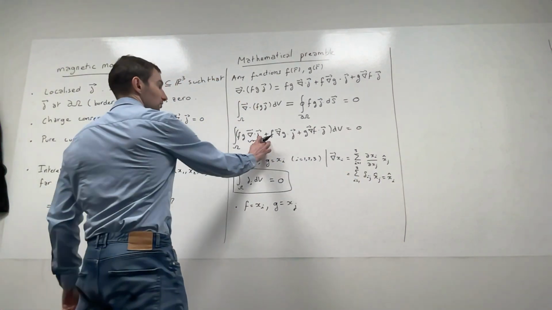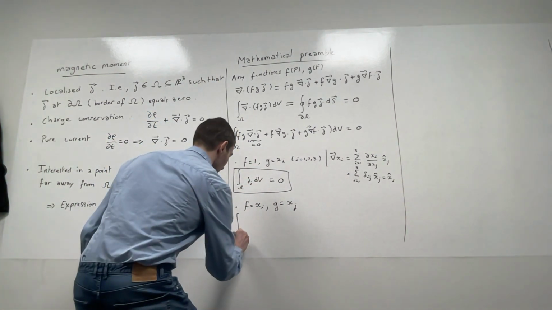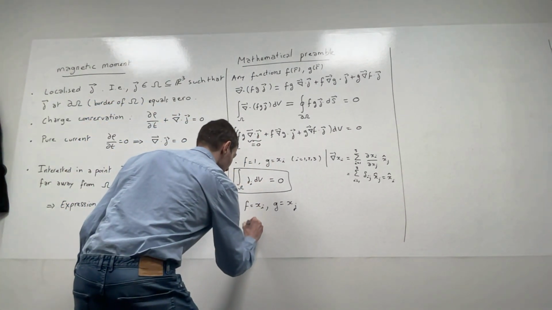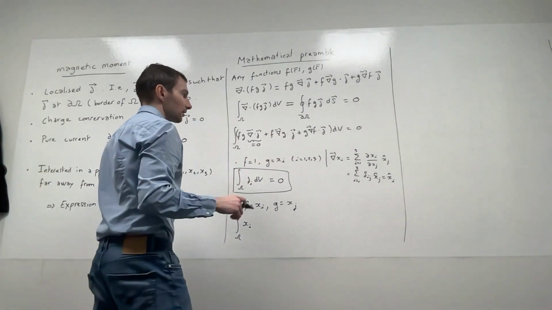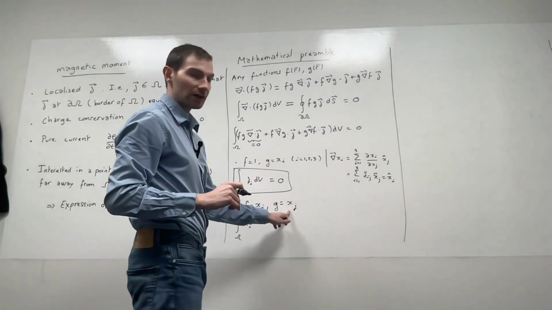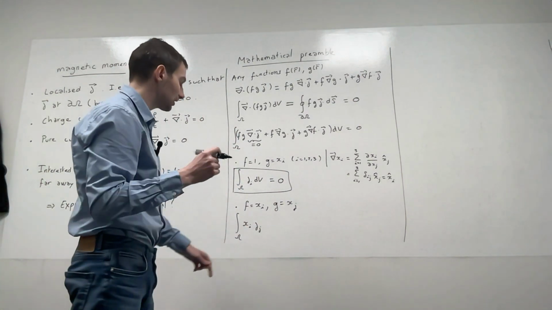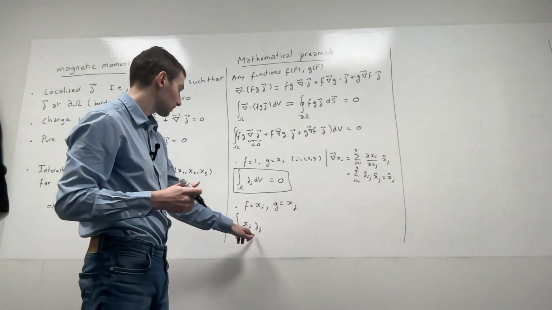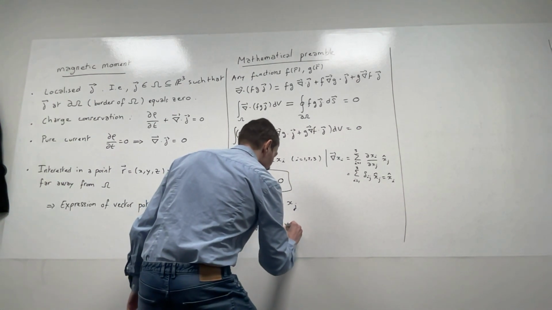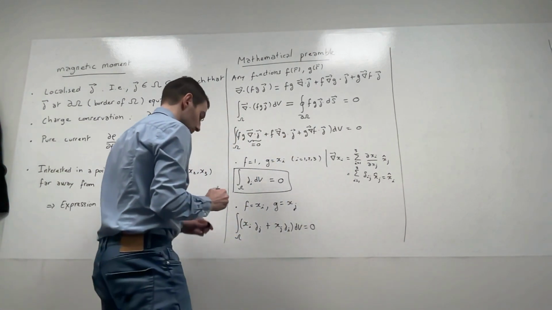If I substitute, I get the integral over omega of xi times the gradient of g, which is xj, so that returns the jth component of the current, plus xj times ji, dv, and that's equal to 0.